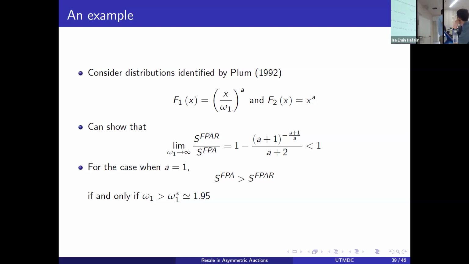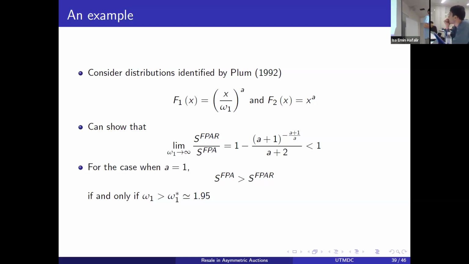when the asymmetry between the two bidders is not that big, okay? For instance, the value distribution for bidder 2 is between 0 and 1, and the value distribution of bidder 1 is between 0 and 1.75, then the resale actually is helpful for the surplus, right?